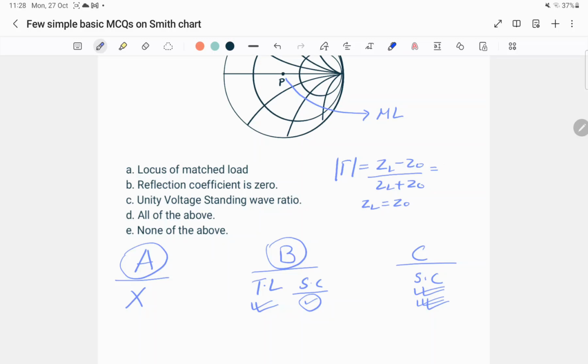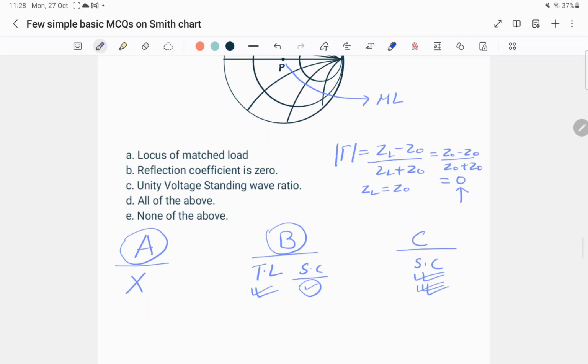So when you put Z0 in place of ZL, you get 0. That means the reflection coefficient is 0, which means the second option is also correct.